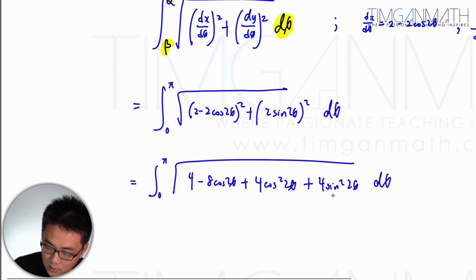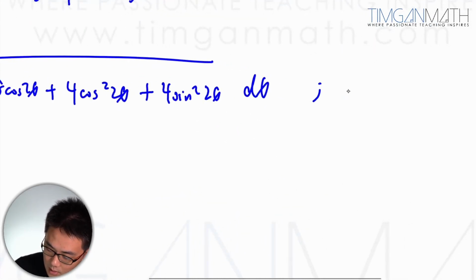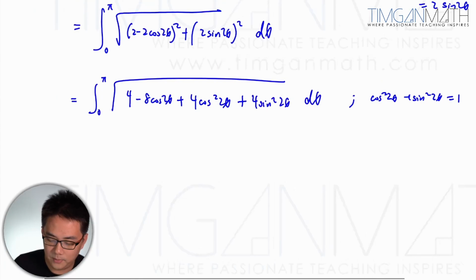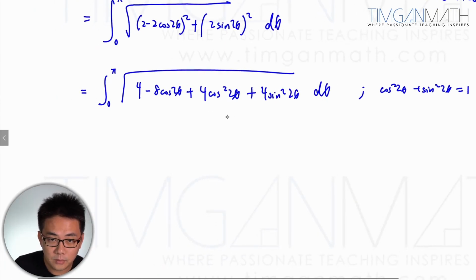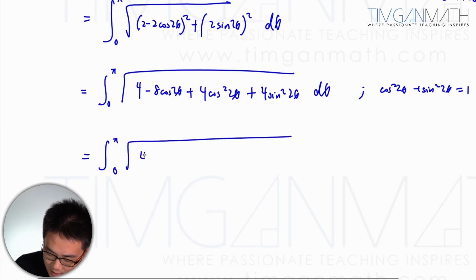So these two could actually be combined, because cosine square 2 theta plus sine square 2 theta is equal to 1, right? So this is 4 times 1, which is 4. So we have 4 minus 8 cosine 2 theta plus 4.